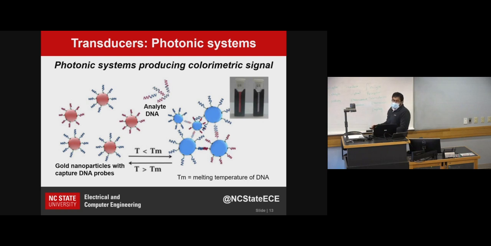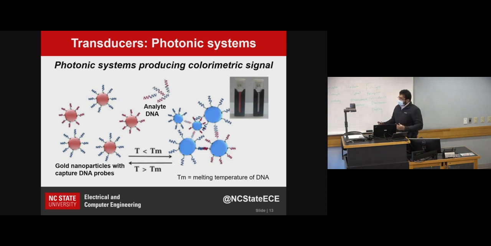These are gold nanoparticles that are affixed with DNA, and this DNA interacts with your analyte DNA. So when you add the sample into your sensor solution, this analyte DNA interacts with the DNA that is already present on the gold nanoparticles, and this causes aggregation of the gold nanoparticles to take place. And that's why the color changes from red to blue.